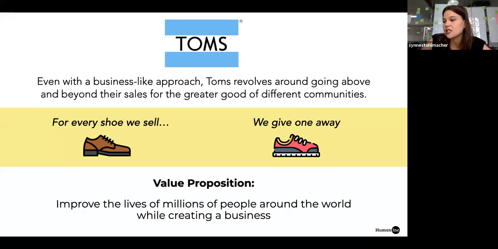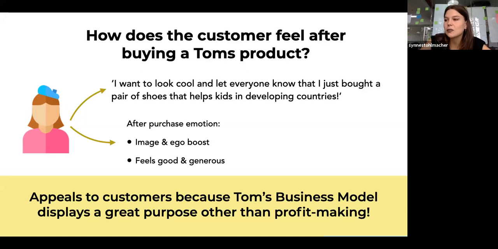Their value proposition is really about improving the lives of millions of people around the world while still creating a business. So the customers, how do they feel after they buy a Tom's product? You remember yesterday we talked about how you have to have form, function, and feel, and all of these social enterprises have focused a lot on the feeling of their product.